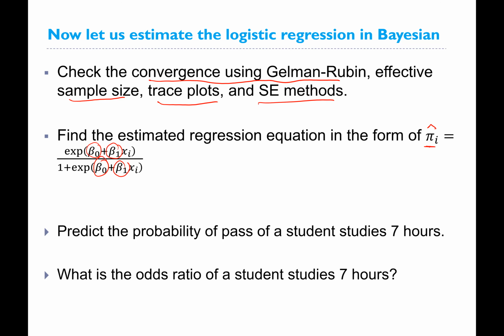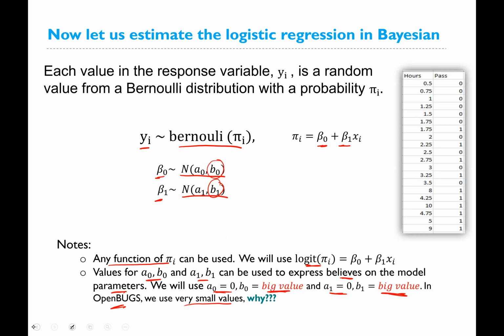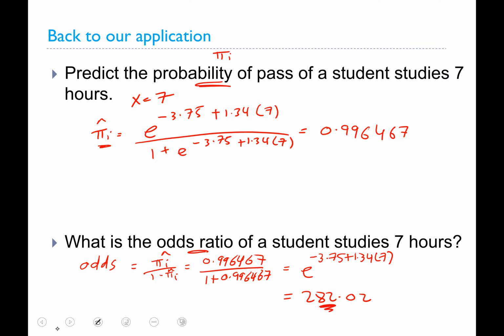Then predict the probability again of passing the course for a student who studied 7 hours, so x equals 7. Also find the odds ratio, and compare this probability and odds ratio to the probability and odds ratio we calculated for the frequentist approach.